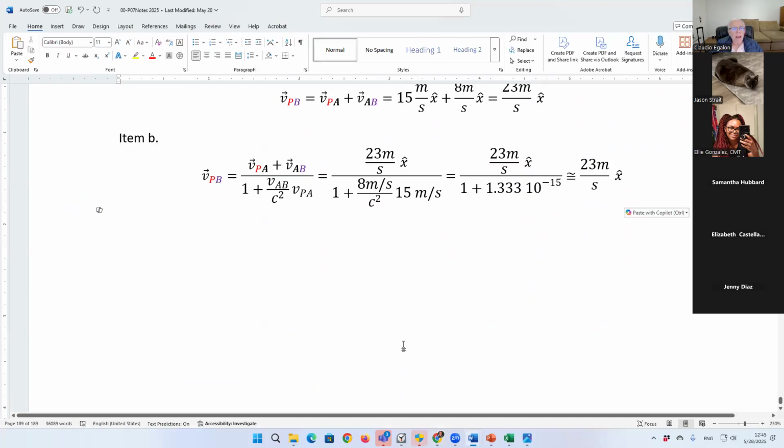But if you do the math, we do get 23 meters per second upstairs. 8 meters per second is much smaller compared to c. Similarly, 15 meters per second is also much smaller compared to 300,000 kilometers per second. So when you do this math, you get this very small factor on the order of 10 to the minus 15, which is, by all practical purposes, still 23 meters per second.